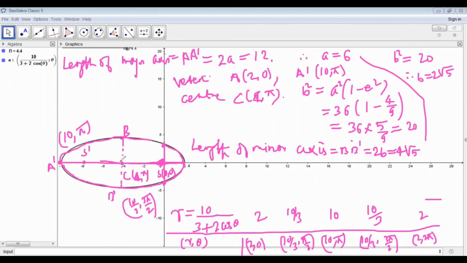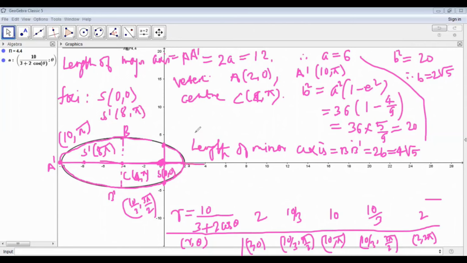So this distance is also 4, and its coordinate is 4 plus 4, which is 8. So the other focus is (8, pi). One focus is (0, 0), the origin, and the other focus S dash is (8, pi).